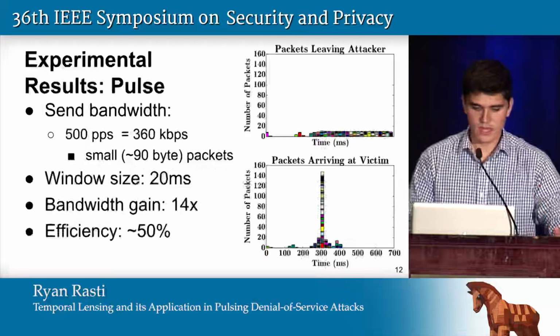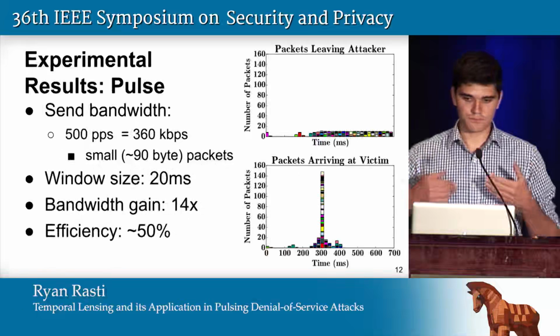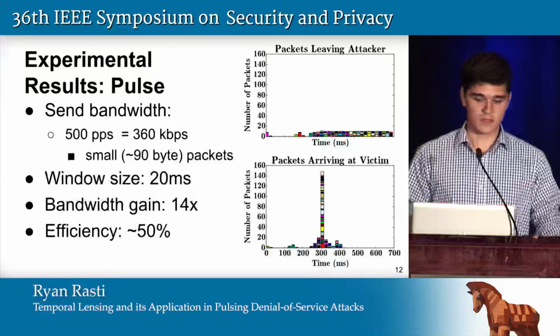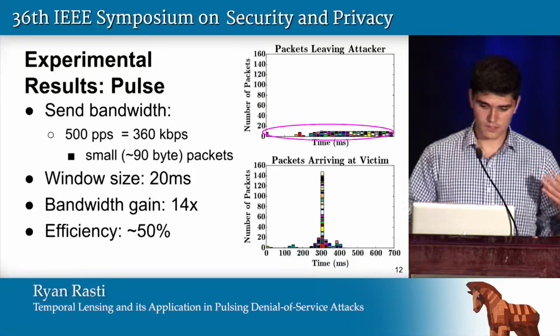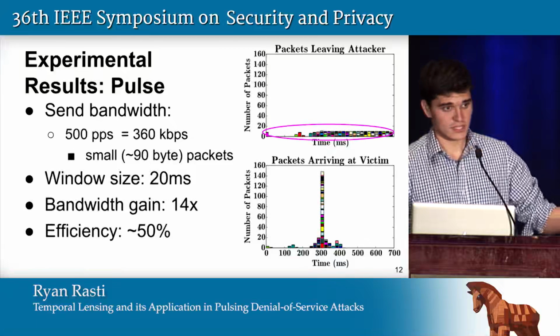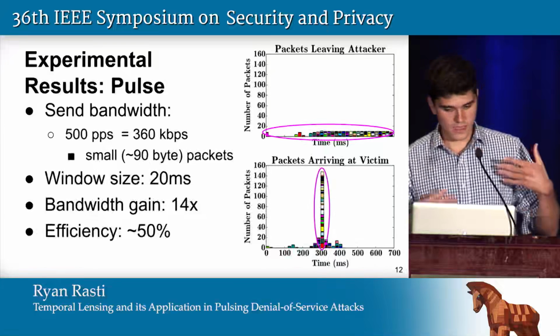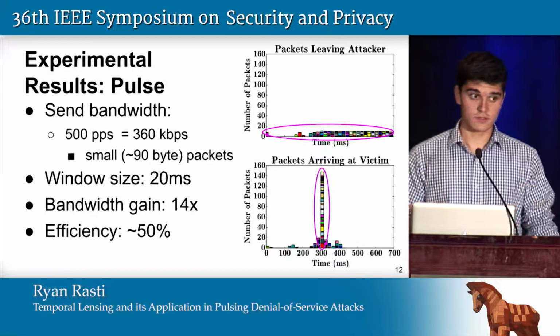To illustrate this with an actual example, this is an actual pulse that we did targeting the Amazon victim. The top graph shows the sending traffic from the attacker, and on the bottom we have the arrival packets at the victim.